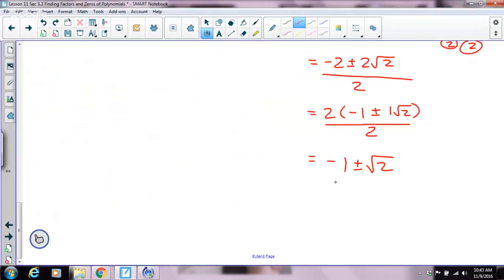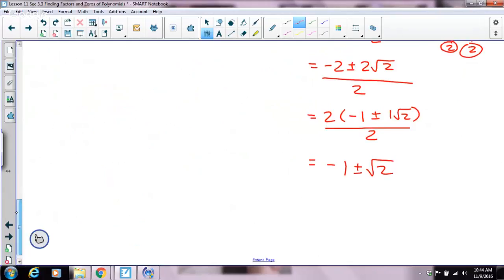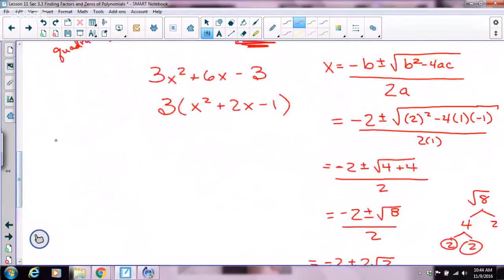So how many zeros do you have? 2 and that thing. 3. 2 positive and 1 negative. You see it? These are just irrational. The P over Q is your rational roots. These are irrational. So your zeros then would be 2/3, -1 minus the square root of 2, and -1 plus the square root of 2.